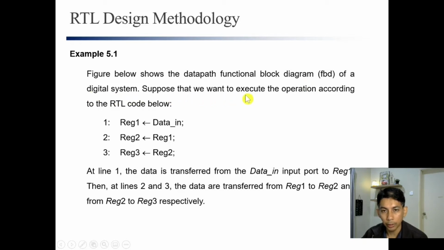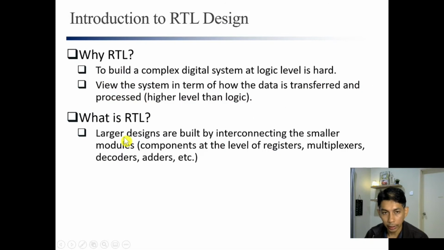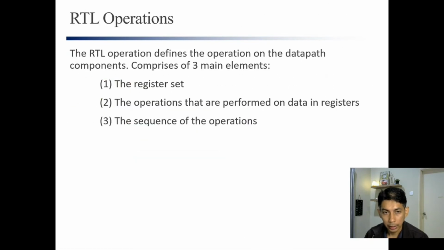Suppose that we want to execute the operation according to the RTL code below. This is the code. You can see that this is in sequence, the sequence of operation.